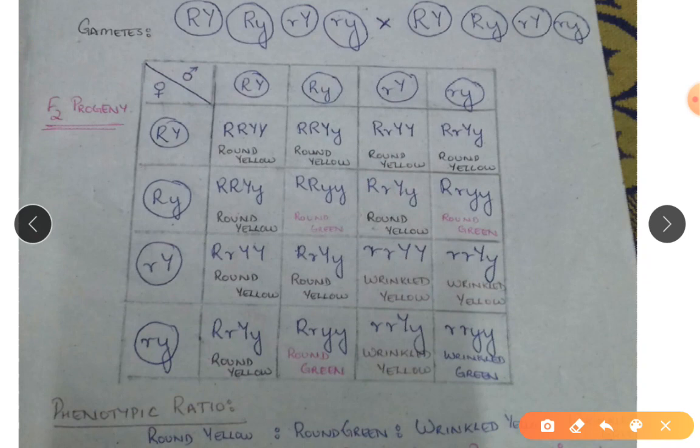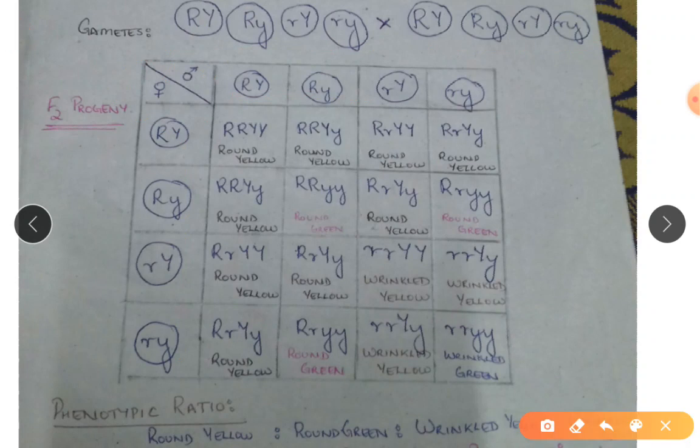Earlier it was only this much, two columns, 2 rows. Now we are talking about all 4 gametes to be included. So you have to write all the gametes here, and mention male and female. It doesn't matter who is male and female here, but you have to indicate the gametes of male and female.